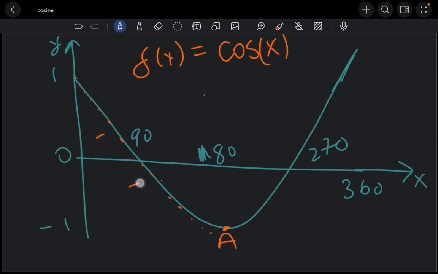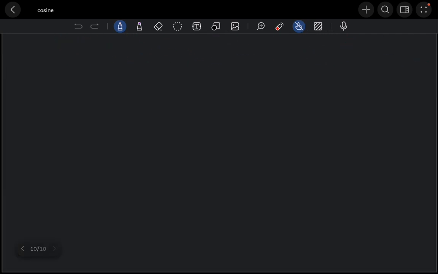This is negative, but from here, because it's sloping upwards, it's positive, or the gradient is positive, even here. So if you're asked to give the domain in which this function is negative and positive, domain being a range of x values, you'll give it this way.